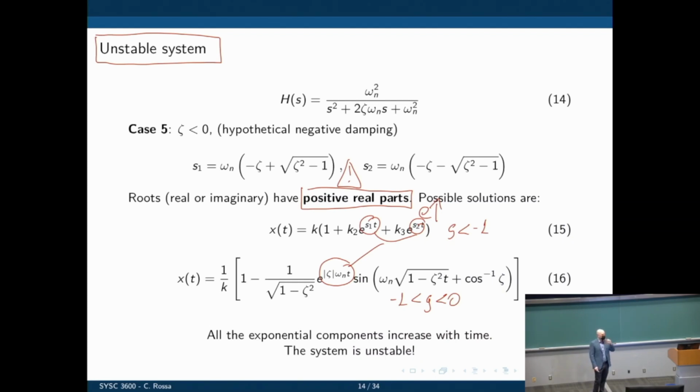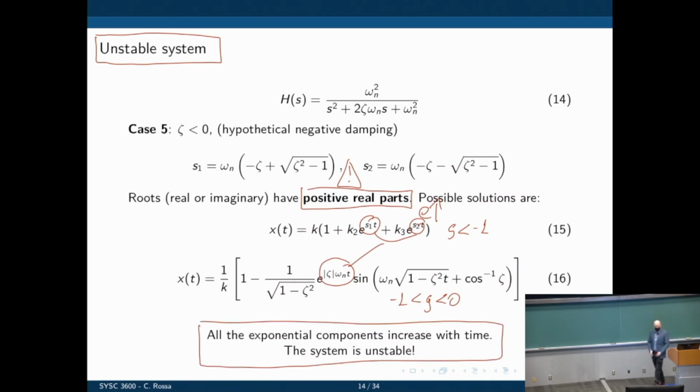So even if our system has 50 poles, 49 of them on the left side of the S-plane, and one is on the right side, one has a positive real part, that is sufficient to take the entire system to instability, to infinity. All right, so in this case here, the exponential components increase with time, and the system is said to be unstable. And that's the last case we need to consider.